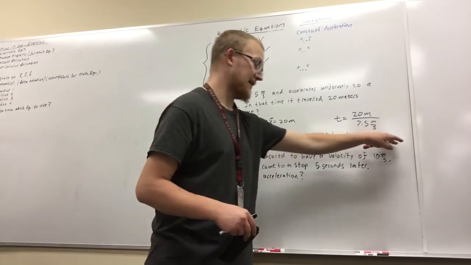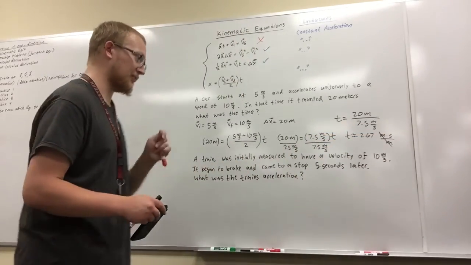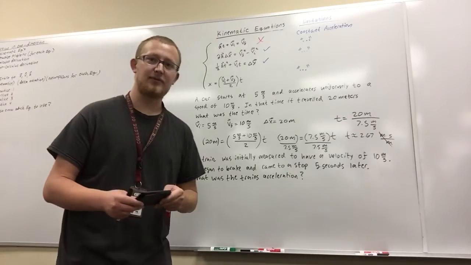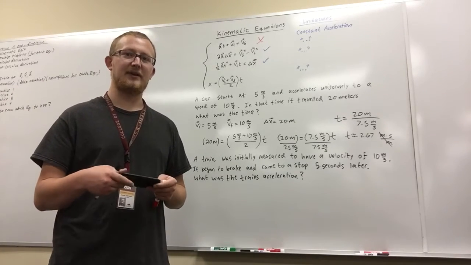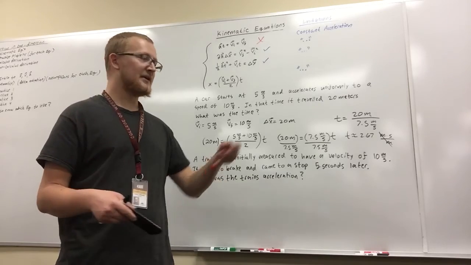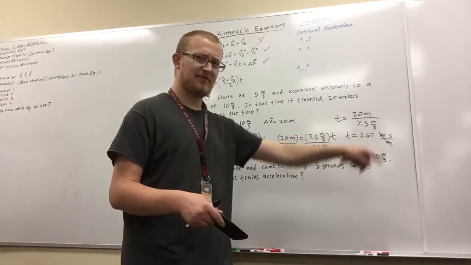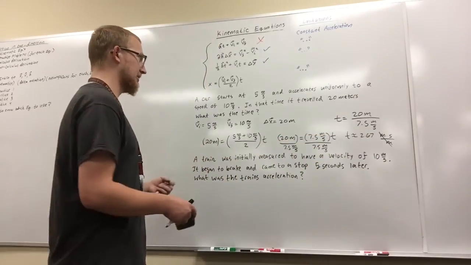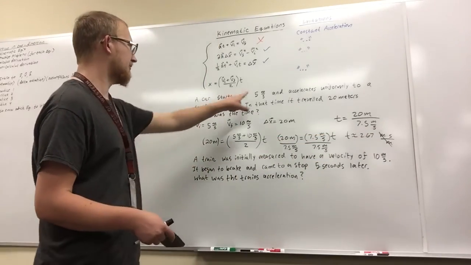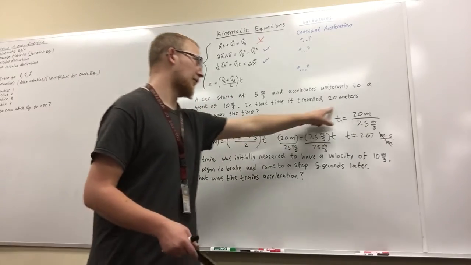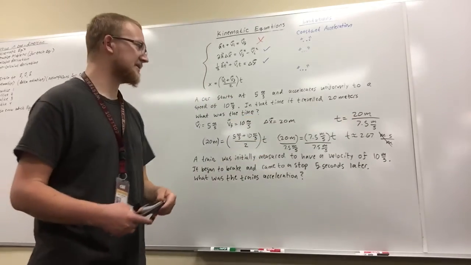We're looking for time. The dimensional analysis says we probably did this one right. Another thing you're probably going to get an intuition for is whether an answer sounds reasonable. So the dimensional analysis works, but does 2.67 seconds really sound like a reasonable amount of time to go from 5 meters per second to 10 meters per second over the course of 20 meters in distance?